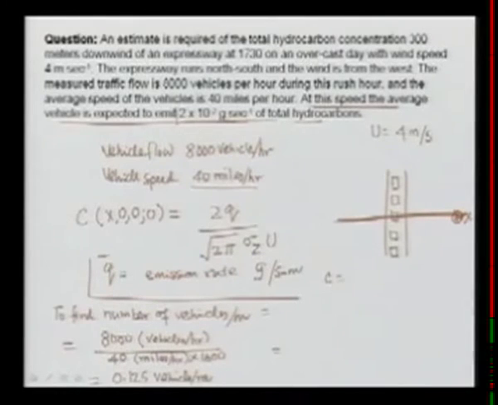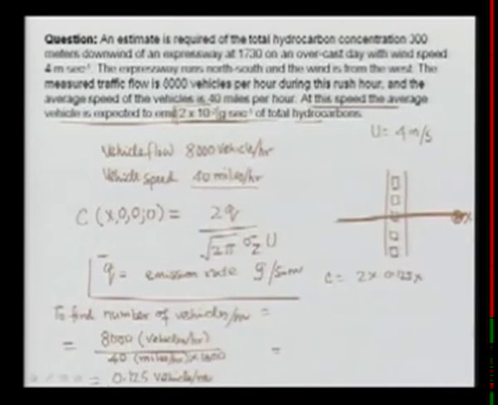C equals 2 times the Q, okay, that is 0.125 vehicles per meter, and how much is each vehicle emitting? 2 into 10 to the power minus 2 grams per second.